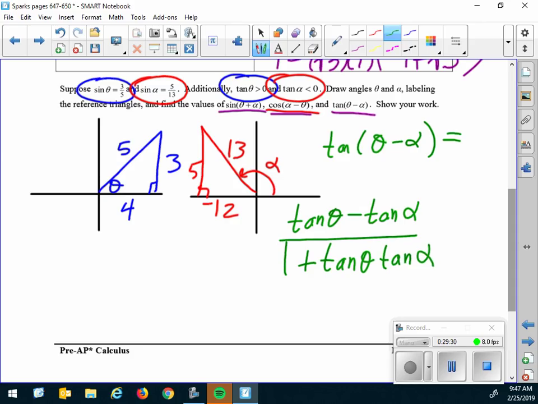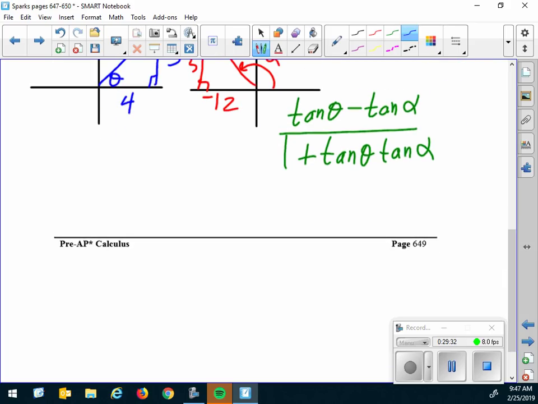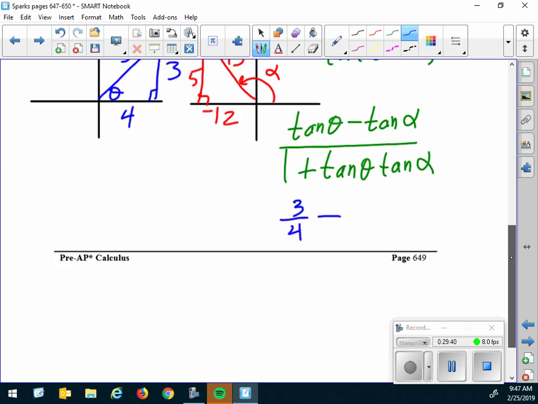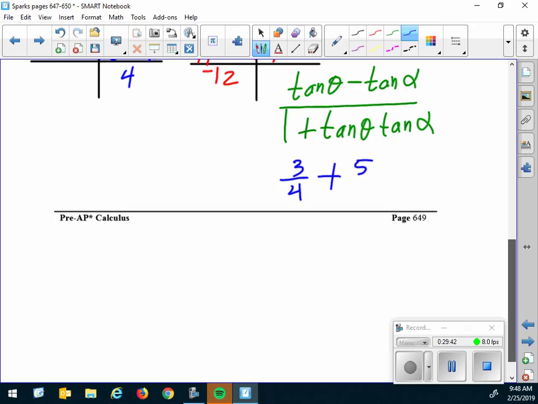Well, the tangent of theta is 3/4. Minus the tangent of alpha is negative 5/12 over 1 plus the tangent of theta was 3/4 and the tangent of alpha was negative 5/12.